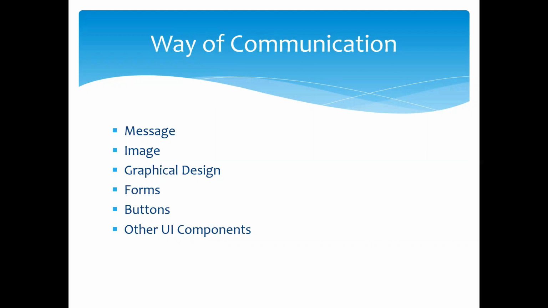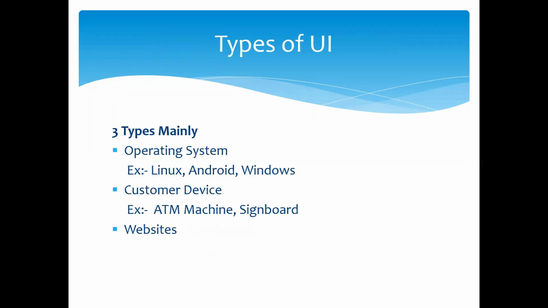So we get information by viewing the image. This is another way of communication. Graphical design, forms, buttons, and other UI components are there to let a human being communicate with a machine. These are the typical communication methods a human being uses to communicate with a machine.